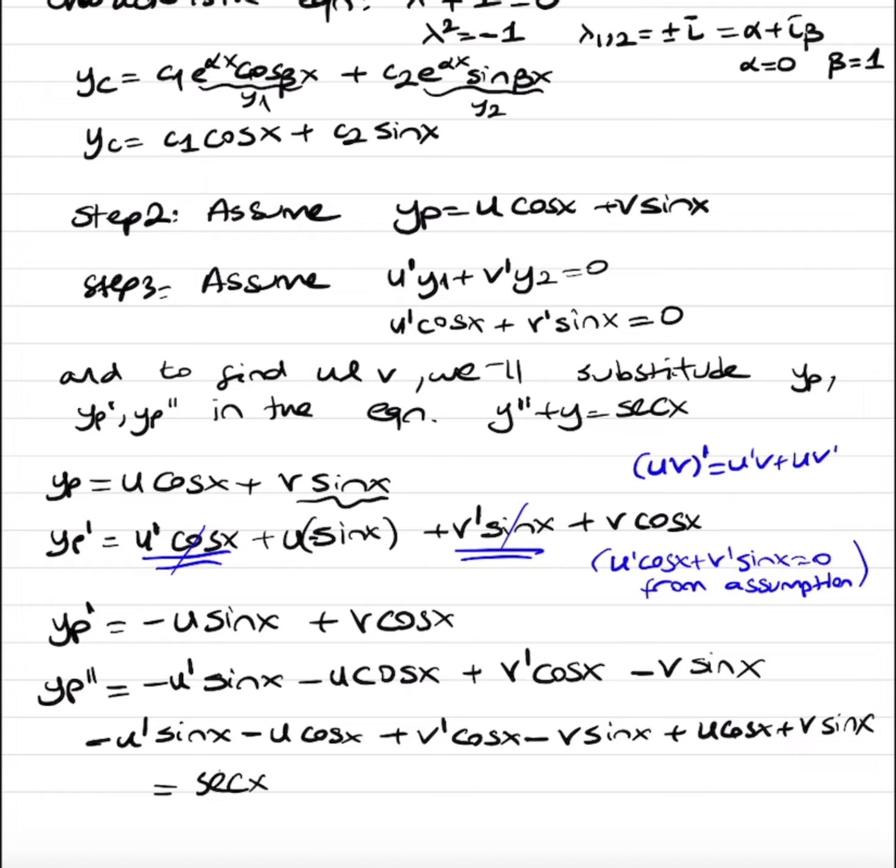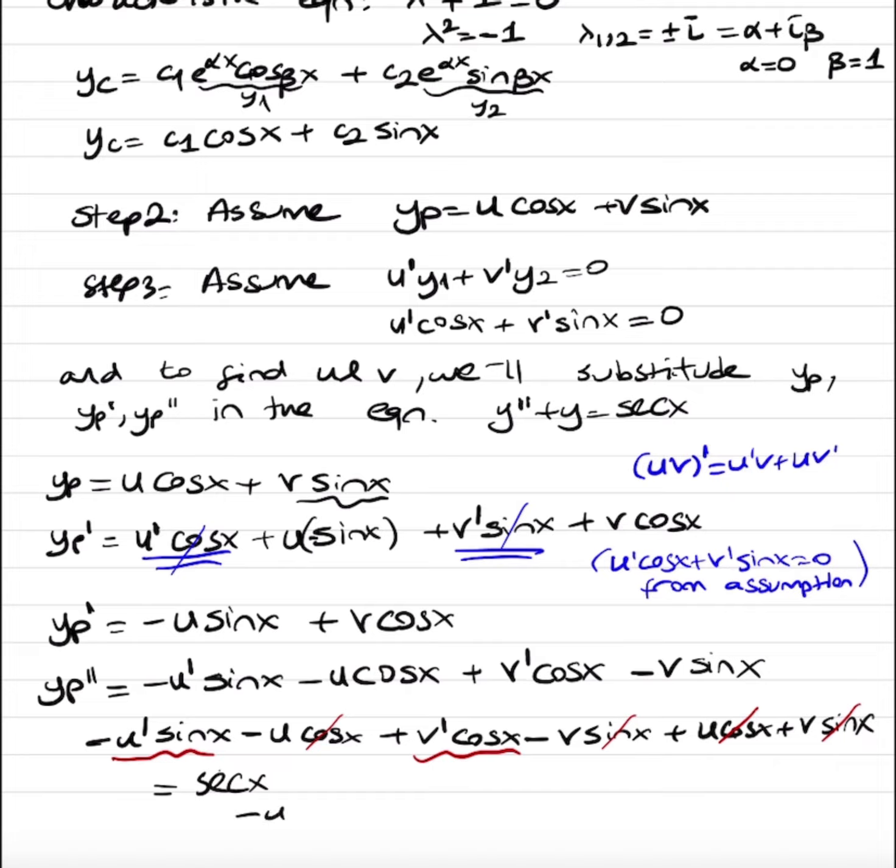Okay, let's see if anything cancels. We cancel these ones, minus u plus u, and minus v plus v. So we are left with u prime sine x is equal to, okay, let me write it here.